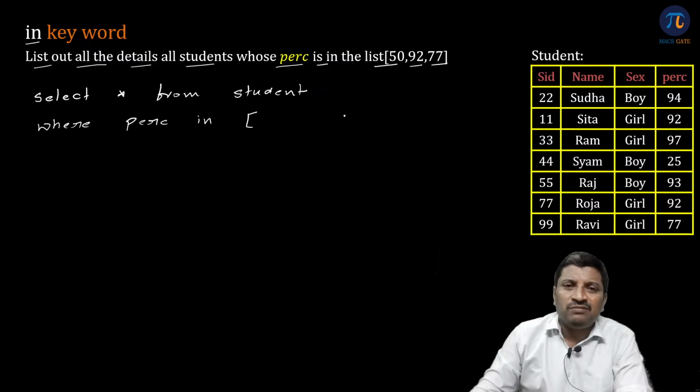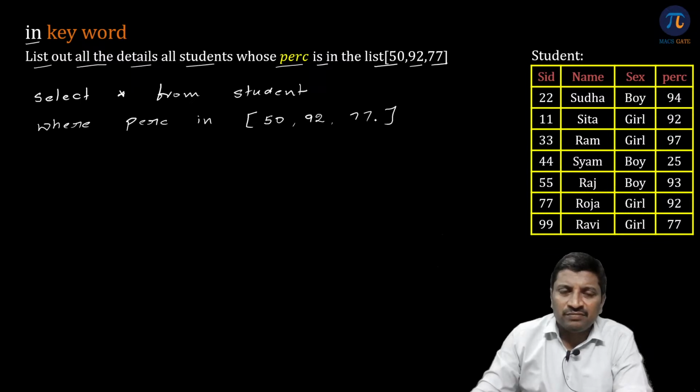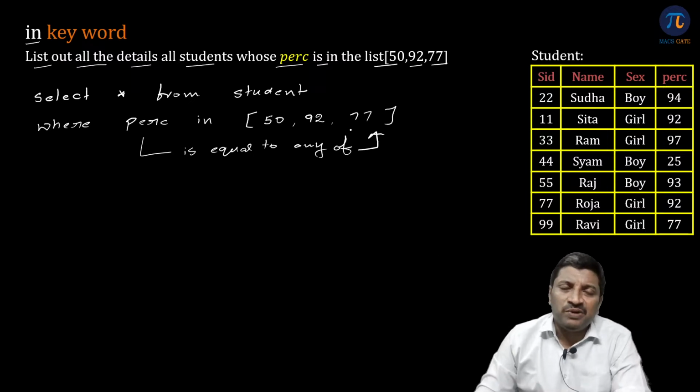What is the list, sir? That is 50, 92, 77. That's it. So if the percentage is equal to any one of those values, then we display the details of the particular student.